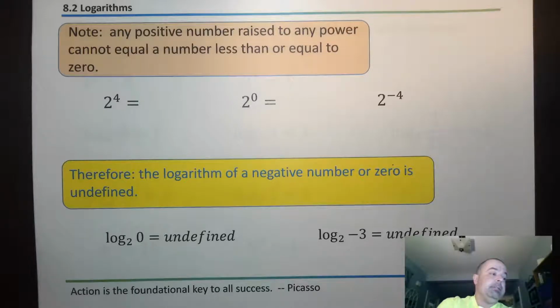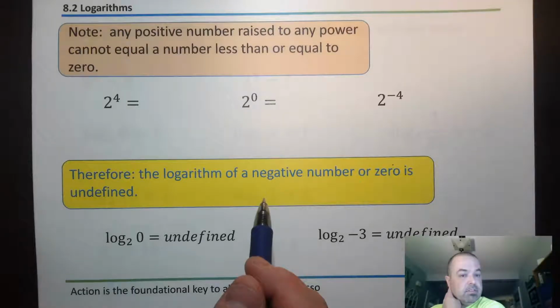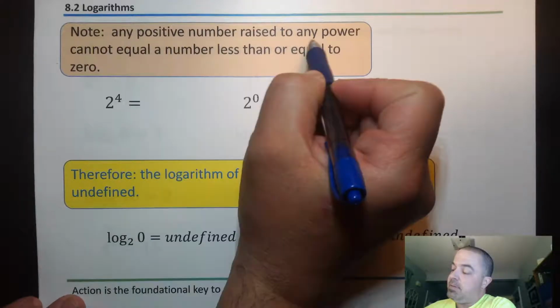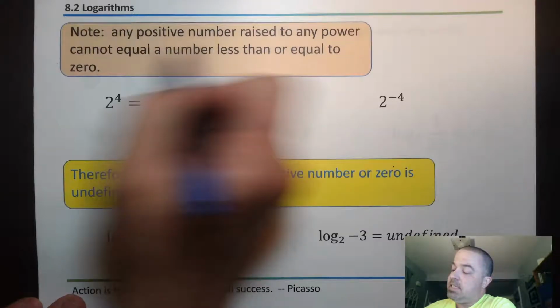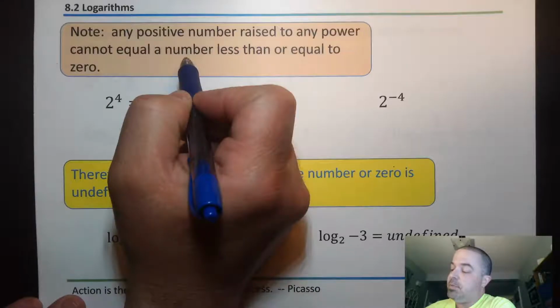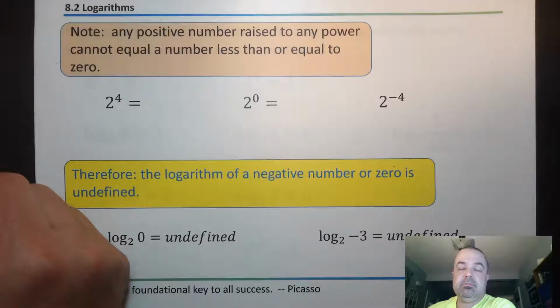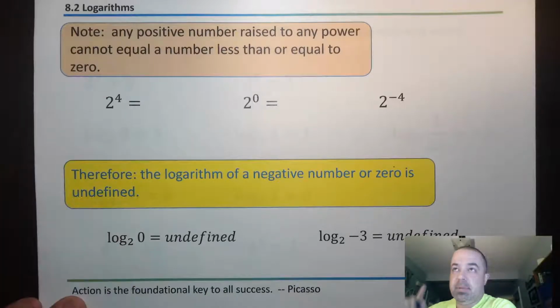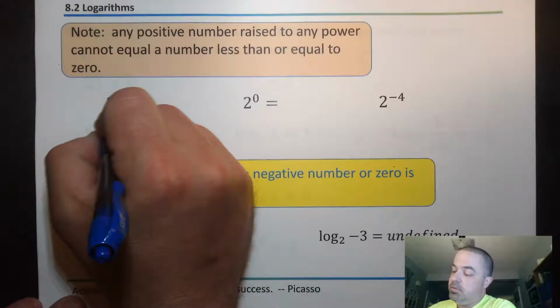So, a few quick notes and review of some of the things that you know of exponents. Any positive number raised to any power cannot equal a number less than or equal to 0. You're like, what in the world does he mean by that? Well, think about it. 2 to the 4th is 2 times 2 times 2 times 2.